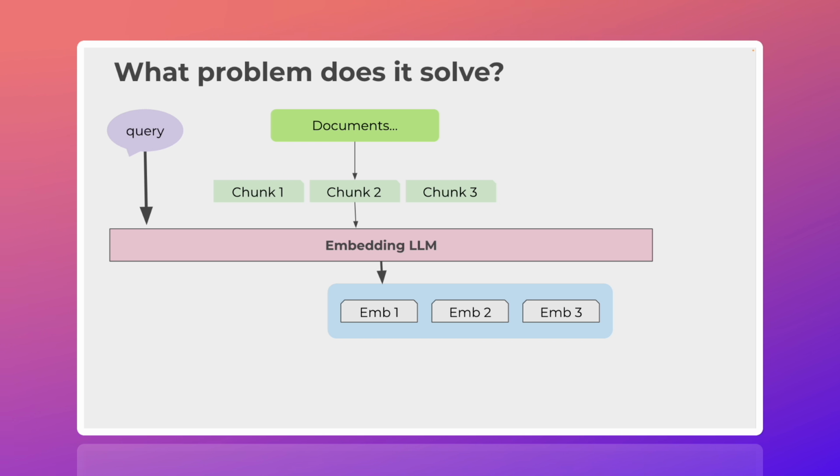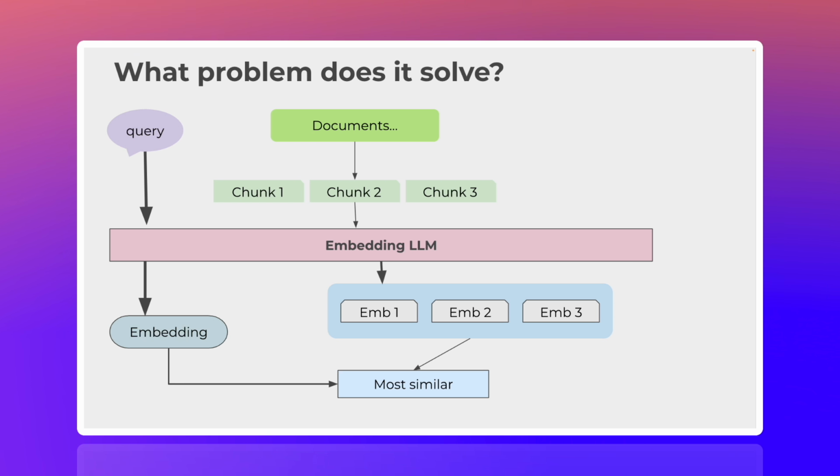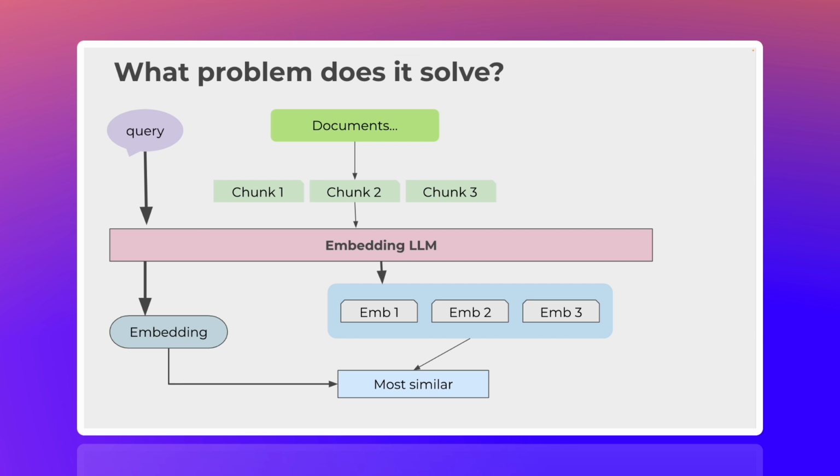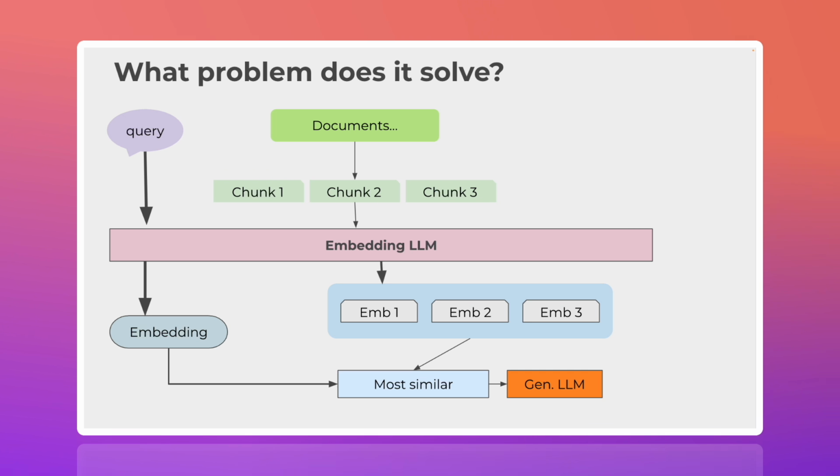Those embeddings are saved somewhere, and then a query comes in, goes through the same process of embedding, right? And then once we have this embedding, that is what's actually used to do a similarity search internally in a vector database, so that we can then pass all that information through a large language model and, of course, get the response.